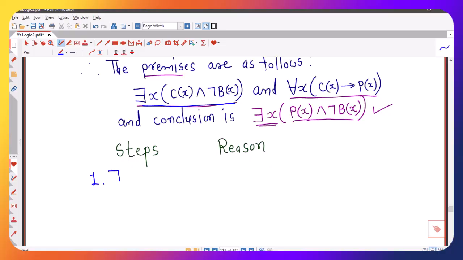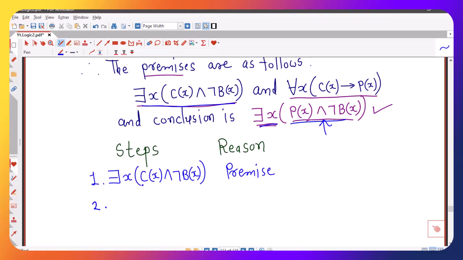So I start with there exists x such that C of x and negation of B of x, and the reason is we are using the first premise, and we have to keep in mind that we want to arrive at this conclusion. So this must be our last step.